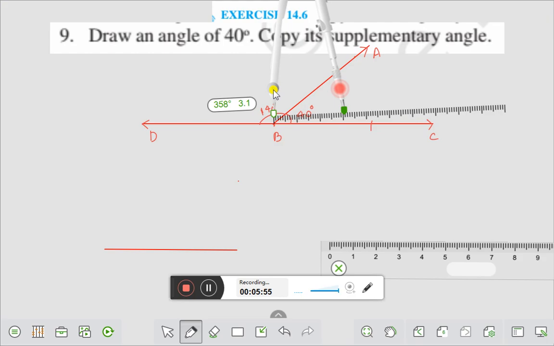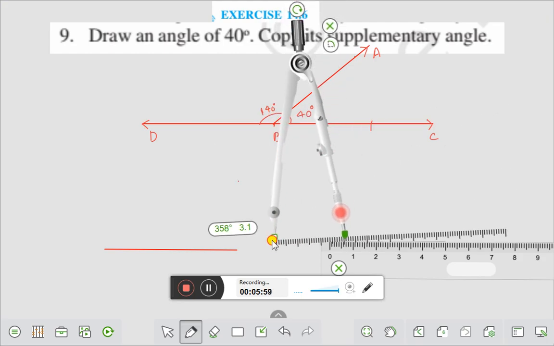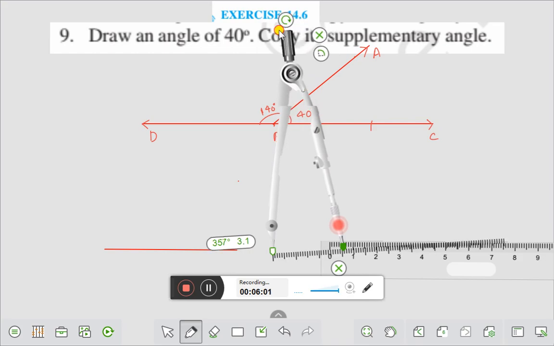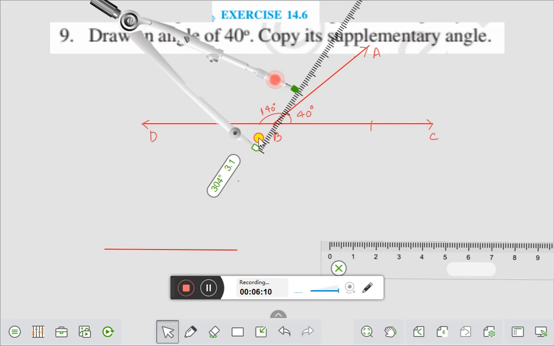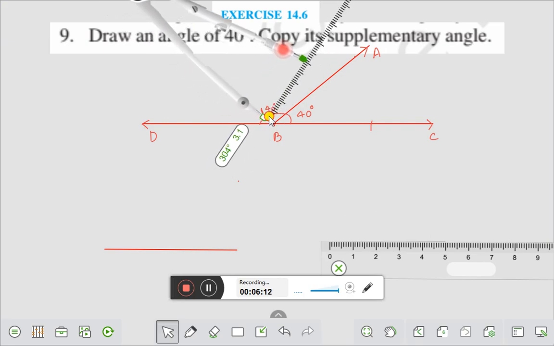Now put this pointer at point B and make an arc at point B. We have put the pointer at point B, right? And make an arc here.